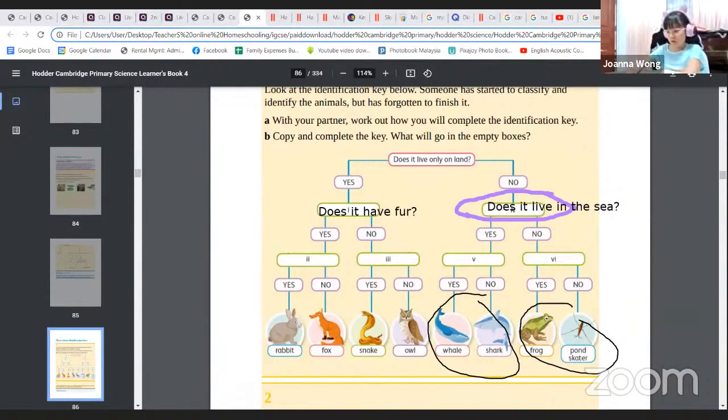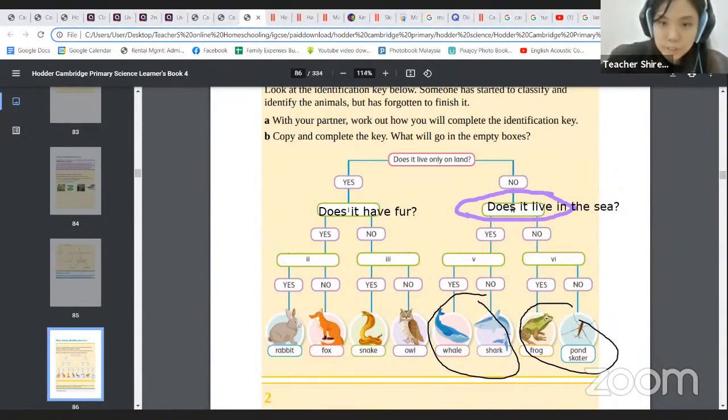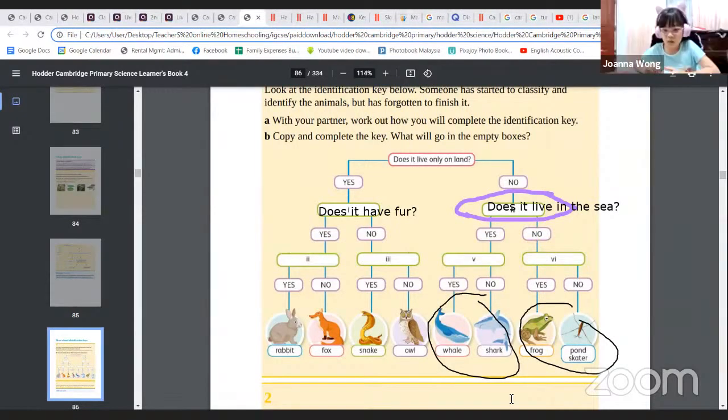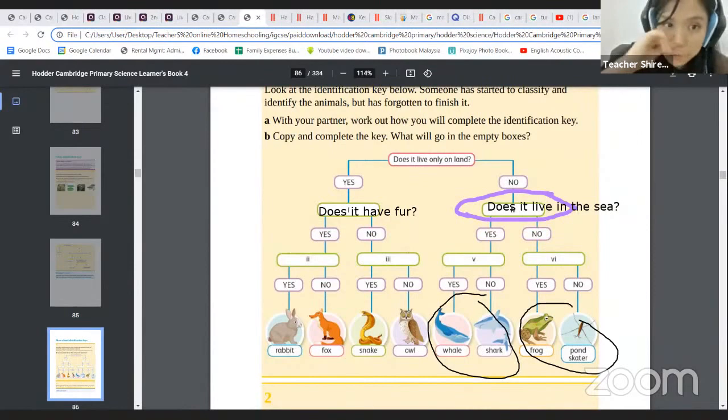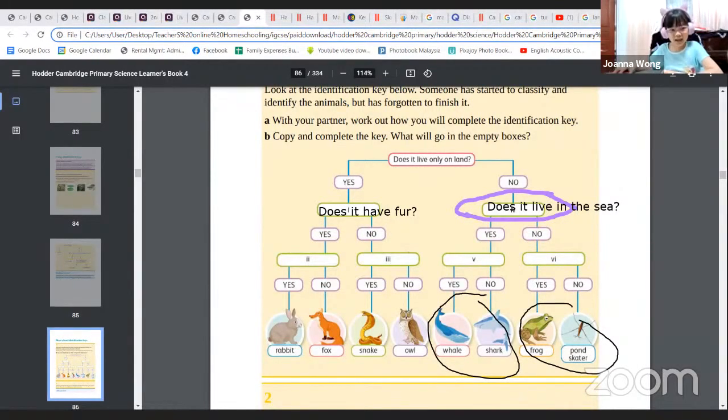Is it the fish also have gills? Sorry? Fish does have scales, yes. What does the whale and shark say in English?